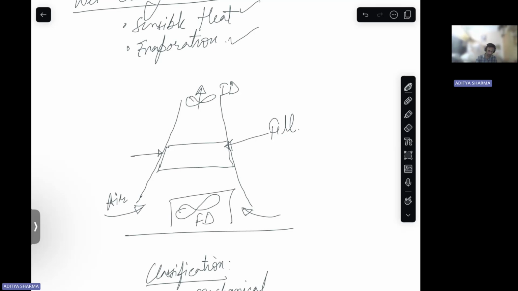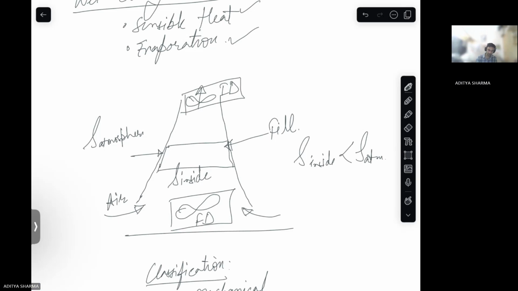And if there are no fans, and based on density difference, density of air in the atmosphere, this is the density inside. So density inside will be less than density of the atmosphere.